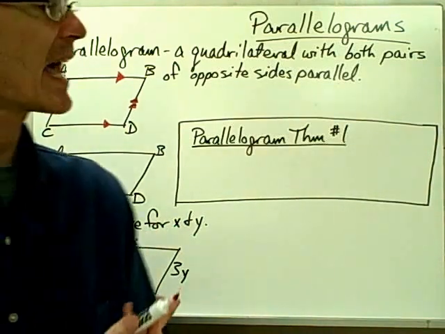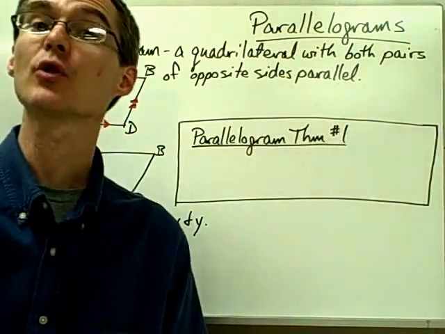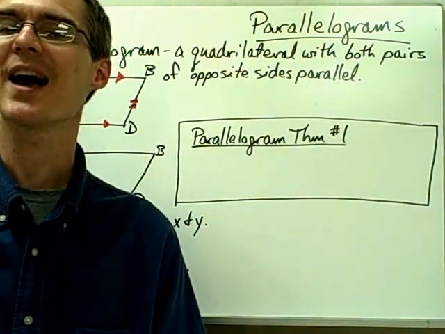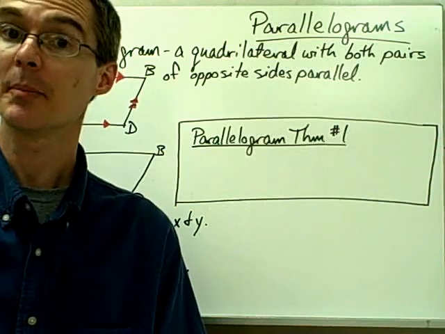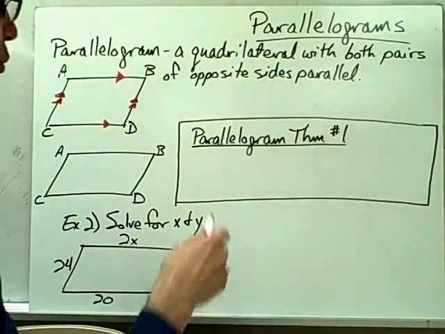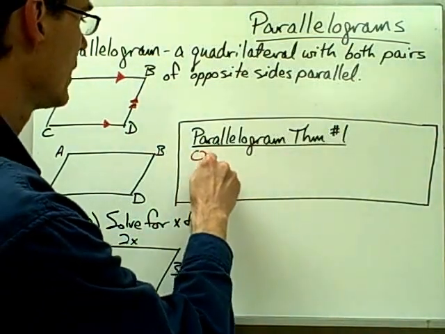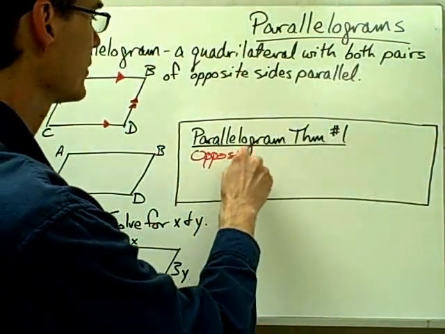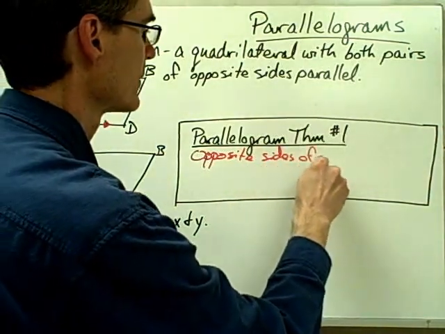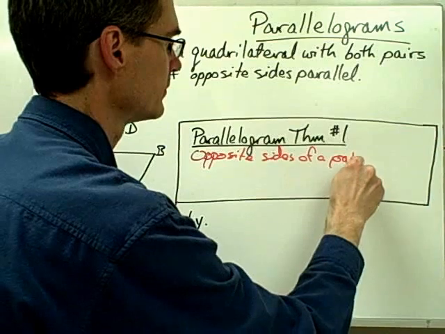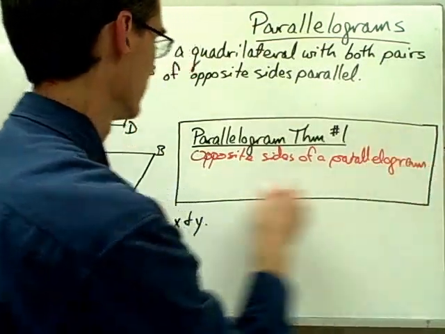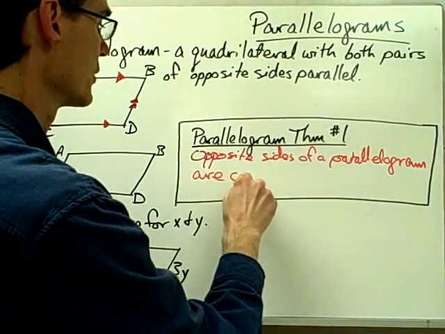Now, we're going to be looking at 4 different parallelogram theorems, and each one of those is going to describe a particular property of a parallelogram. So, parallelogram theorem number 1 has to do with the opposite sides of a parallelogram. Parallelogram theorem number 1 says opposite sides of a parallelogram are congruent.